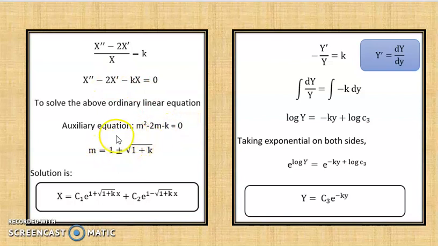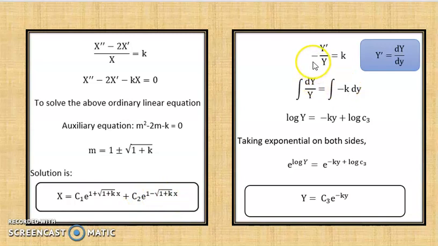On solving, the roots of the auxiliary equation are 1 plus or minus root of (1 plus k). That is, here the roots are real and distinct. Therefore, we have X equal to c1 e raised to (1 plus root of (1 plus k)) x plus c2 e raised to (1 minus root of (1 plus k)) into x.